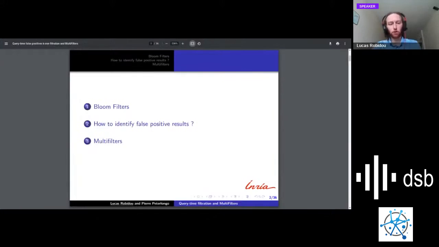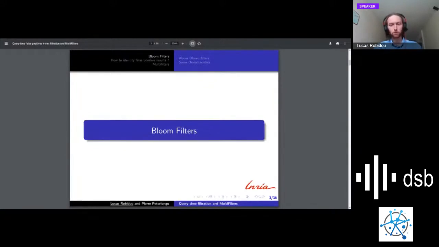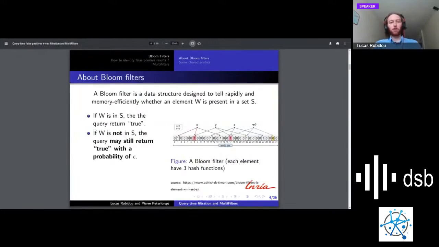I'm going to first remind you what Bloom filters are, then how to identify false positive results of those Bloom filters, and I'm going to introduce you multi-filters. A Bloom filter is a data structure that is designed to tell whether an element, called for example W, is present in a set.